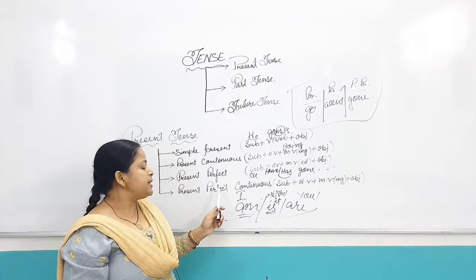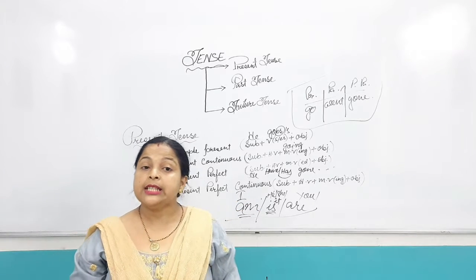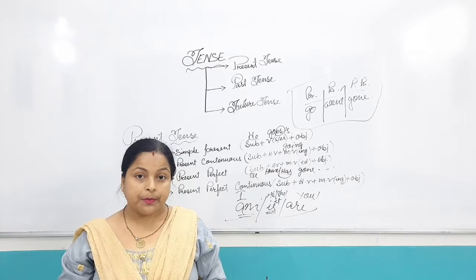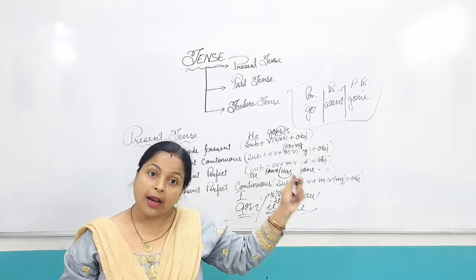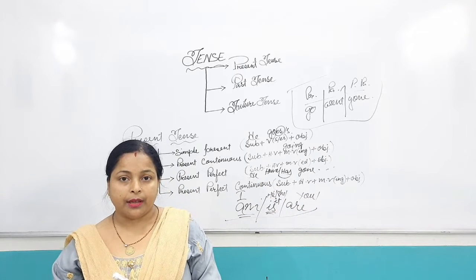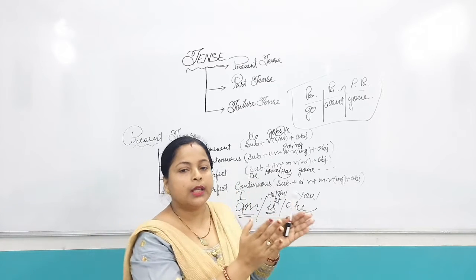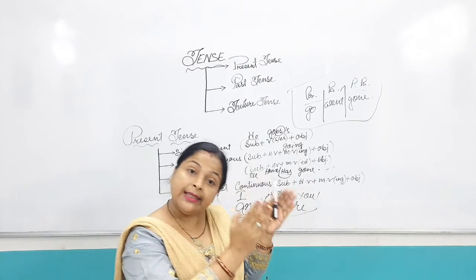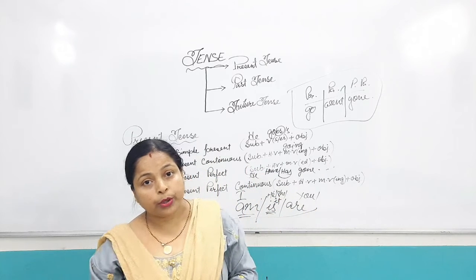Now come to present perfect continuous tense. Present perfect continuous tense means the action that has started earlier and now also it is continuing. This earlier may be 1 hour before, 1 year before, or 1 decade before.